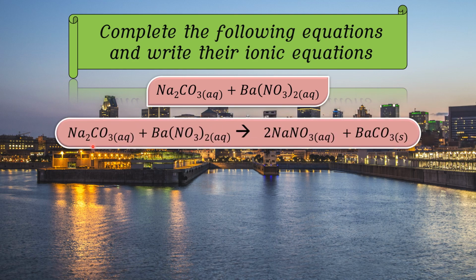So sodium carbonate will react with barium nitrate. We are going to form sodium nitrate and barium carbonate. Barium carbonate is a precipitate. We are going to form a white precipitate, which is barium carbonate.